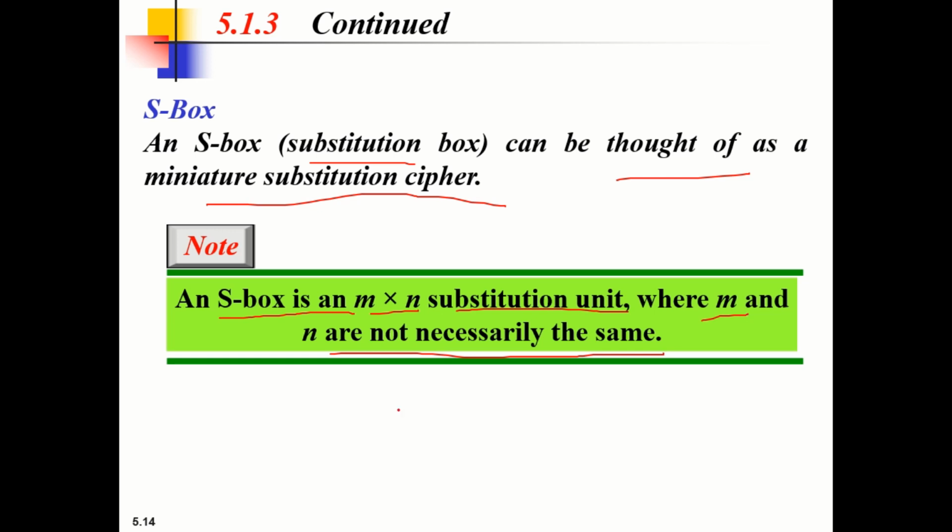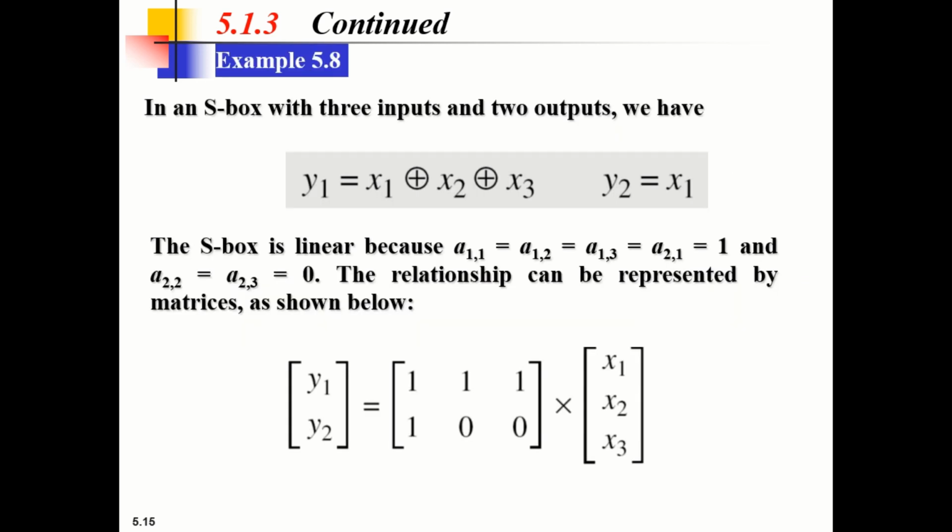So it is not necessary that the number of inputs and outputs which we have must be the same. This is an example of an S box which is linear. It is showing the outputs y1 and y2, so we have two outputs, and the inputs are x1, x2 and x3.